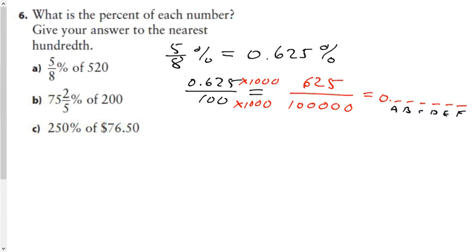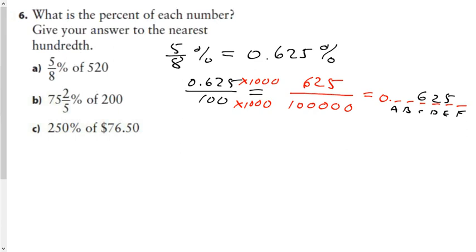Which one is the 100,000th position, Kylie? A, B, C, D, E, or F. 100,000th position. E is correct. So because E is your 100,000th position, this 625 has to end there.